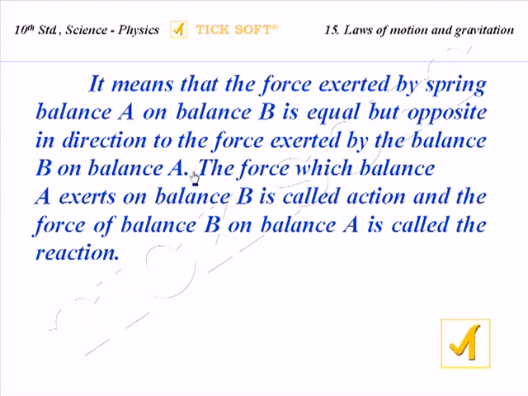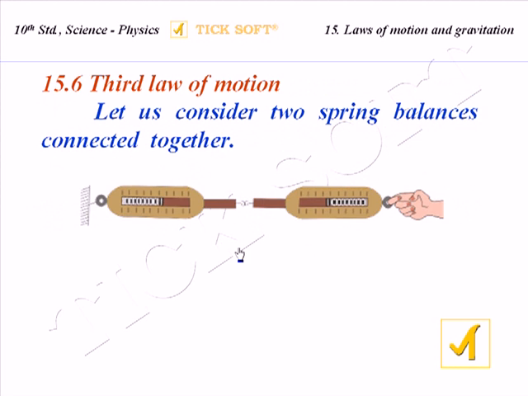The force which balance A exerts on balance B is called action, and the force of balance B on A is called reaction. Here is spring balance B, here is spring balance A. This is action and this is reaction.